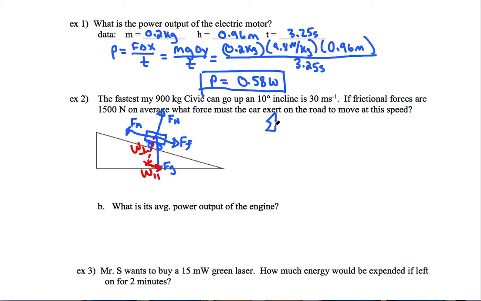Let's write this out. If it's going up at a constant speed, then the sum of the forces is 0. We have an applied force going up, so the applied force is equal to the weight parallel going down plus the frictional force going down.